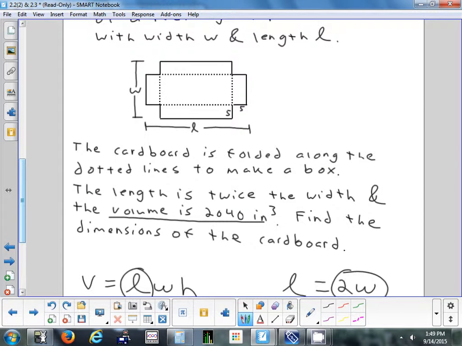This is where we'll have a variable. How would you represent the width here? Just think about it for a second.